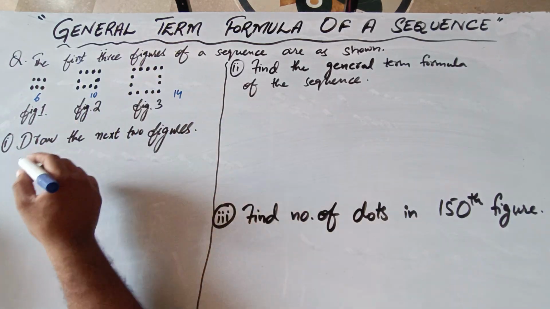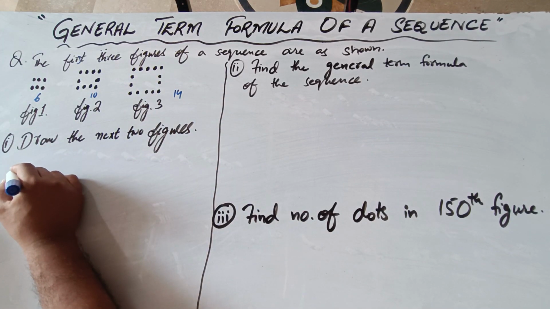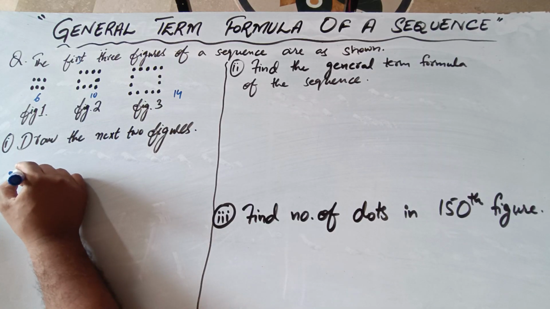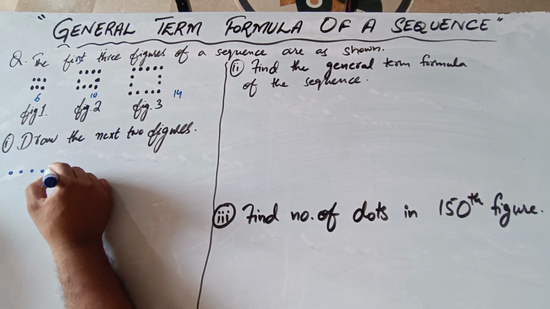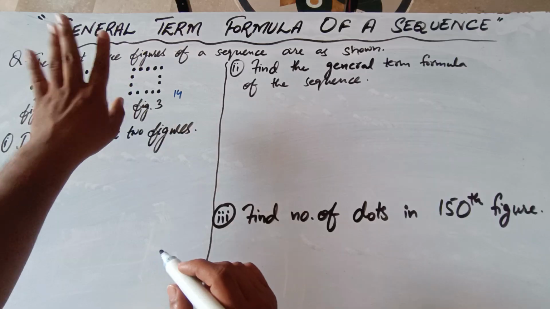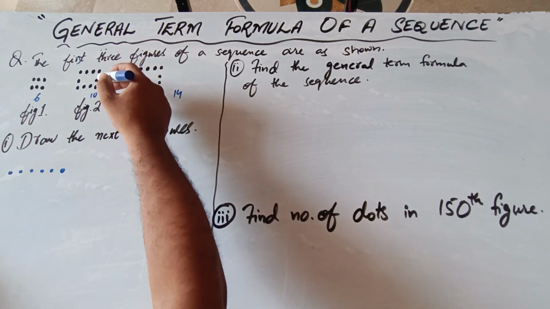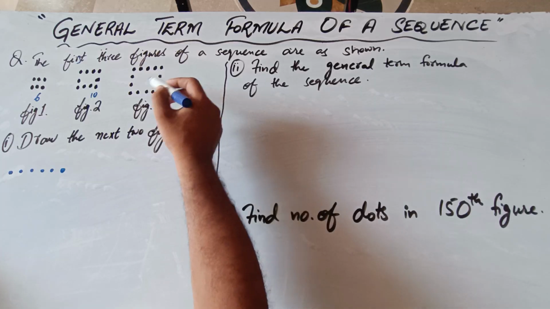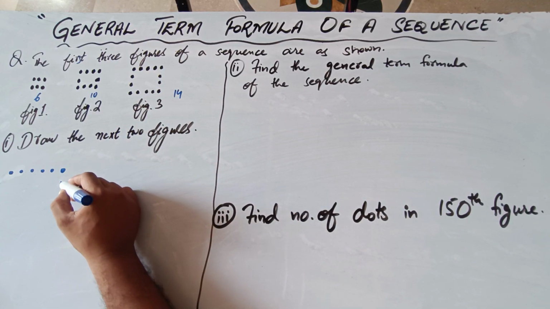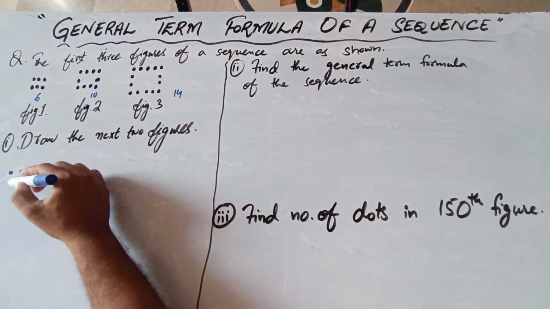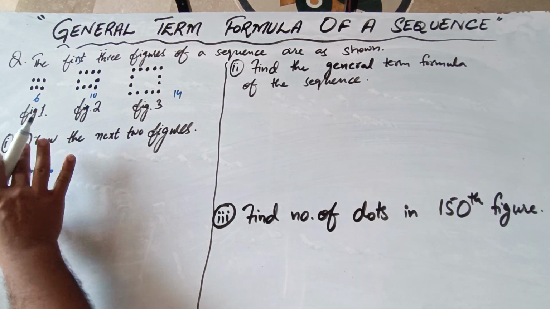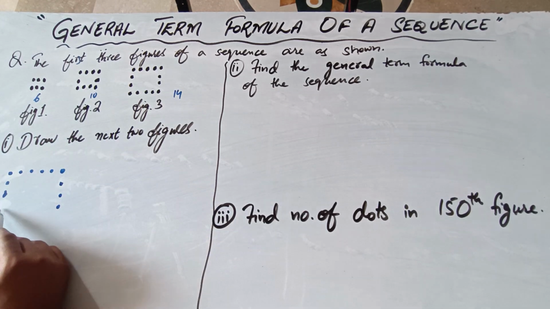So in the next figure, how many dots would be there in the top row? 1, 2, 3, 4, 5, 6. We are adding 1 dot at the top, and in the sides 0 dots, 1 dot, 2 dots are there. 1, 2, 3. Now we are adding one more. 1, 2, 3. And now follow the same pattern as above.